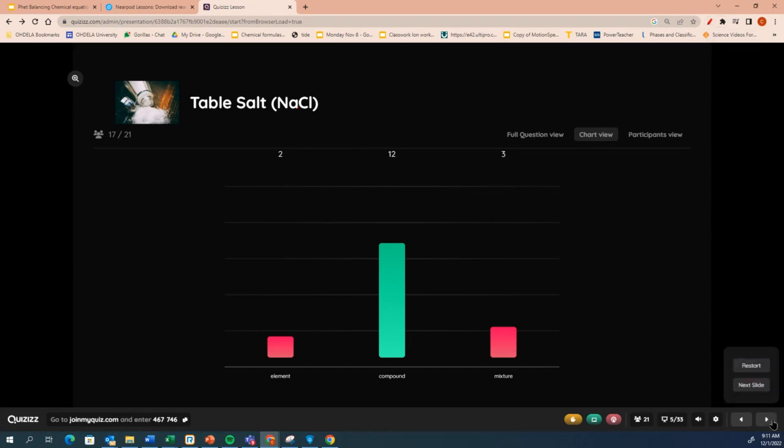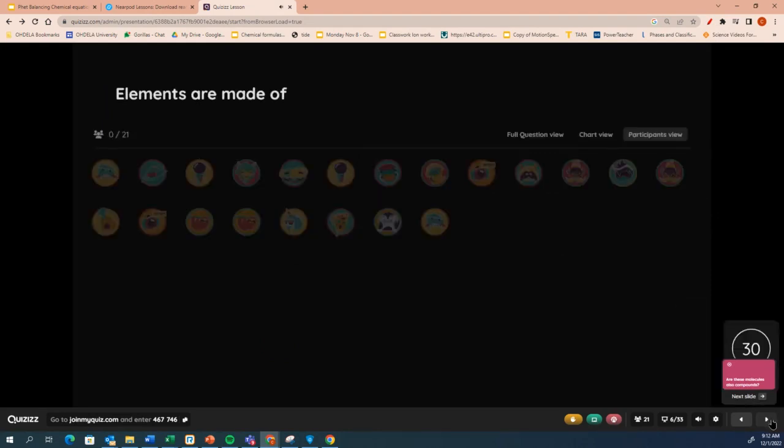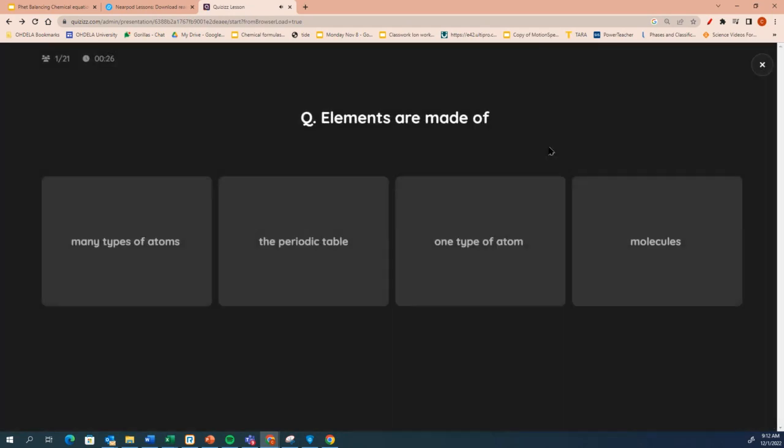All right, so let's do the next slide here. Elements are made of what? Many types of atoms, the periodic table, one type of atom or molecule. So let's call this an element.